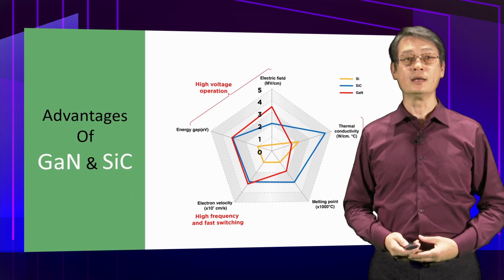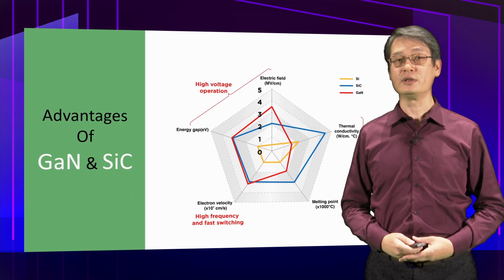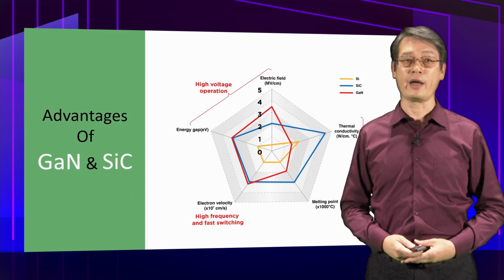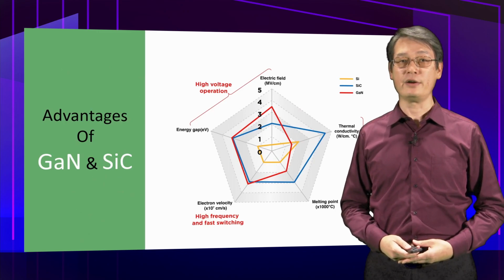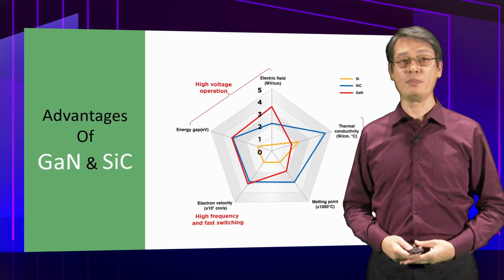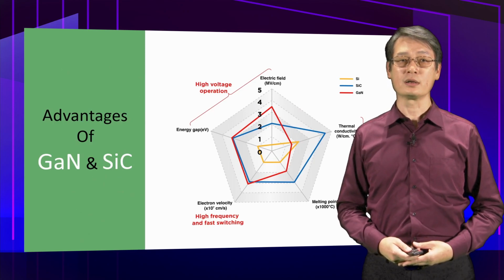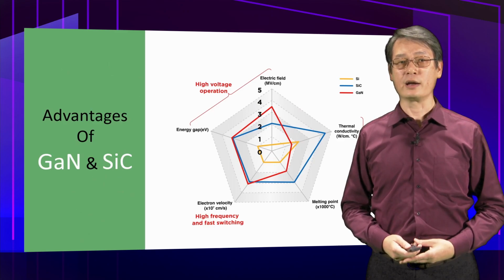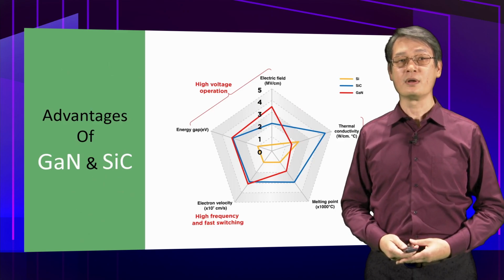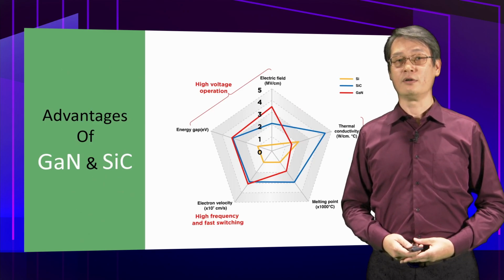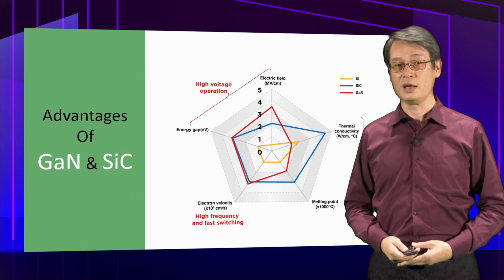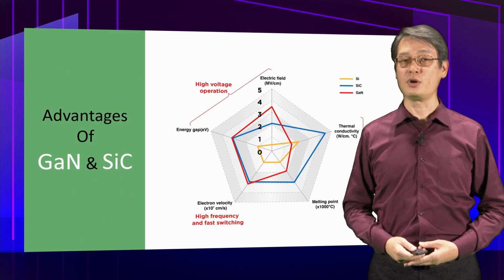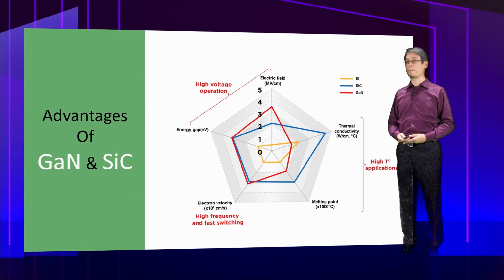Silicon carbide has extremely good thermal conductivity, which is helpful to dissipate generated heat during operation. Therefore, power efficiency can be greatly improved using silicon carbide. High electron velocity makes both gallium nitride and silicon carbide ideal materials for high frequency and fast switching power applications. It greatly reduces the energy loss during power conversion.